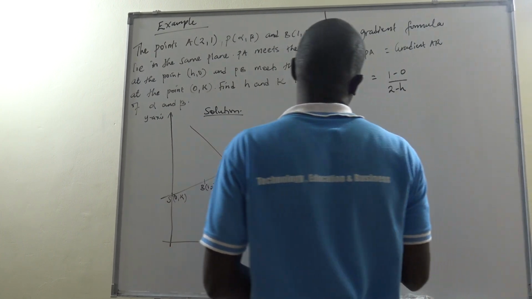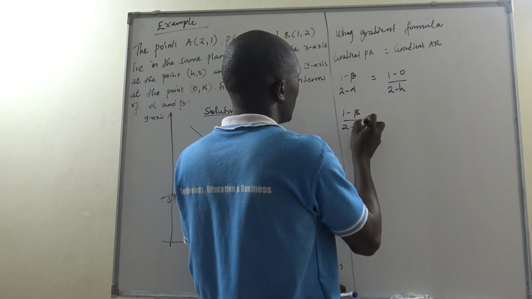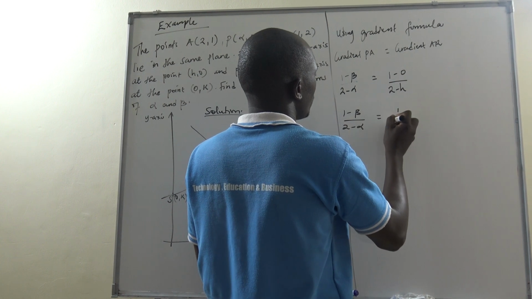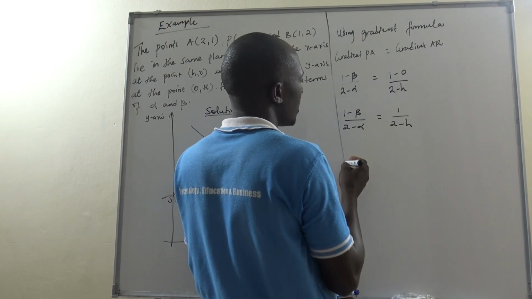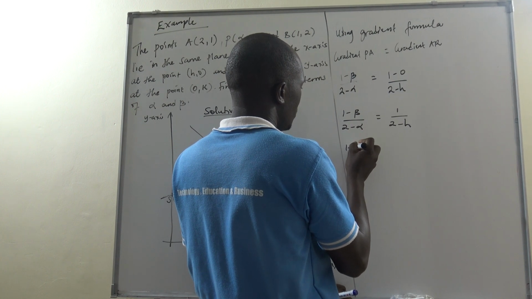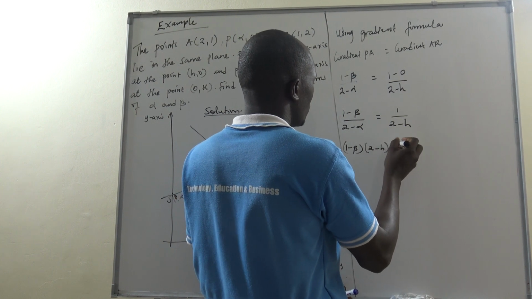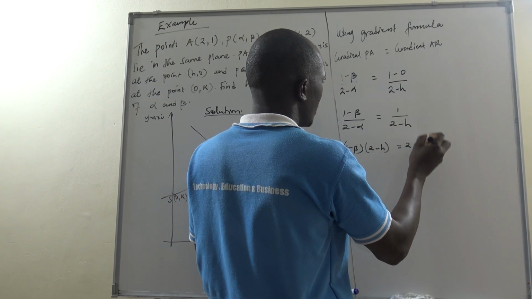So we reduce: 1 minus beta all over 2 minus alpha equals 1 over 2 minus h. Cross multiply: 1 minus beta into 2 minus h equals 2 minus alpha.